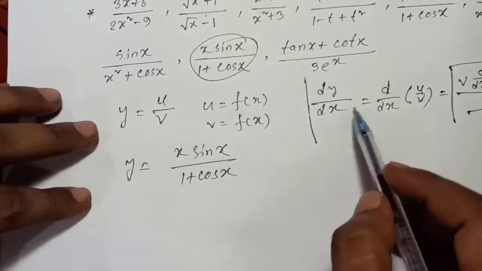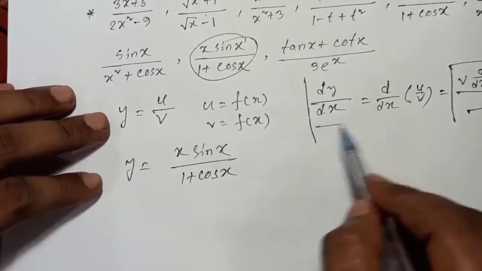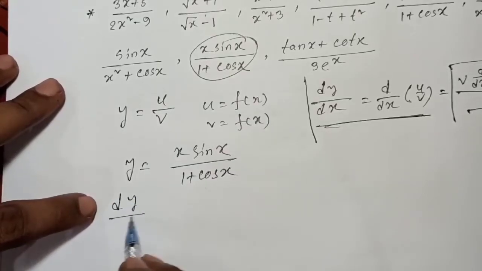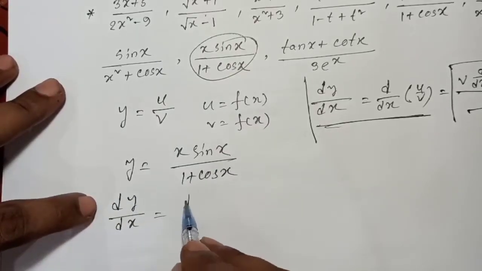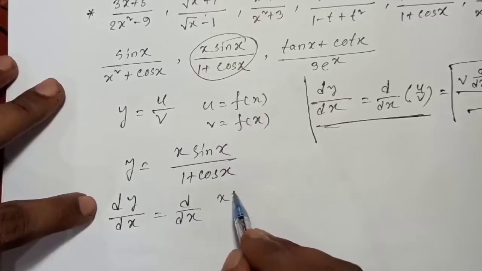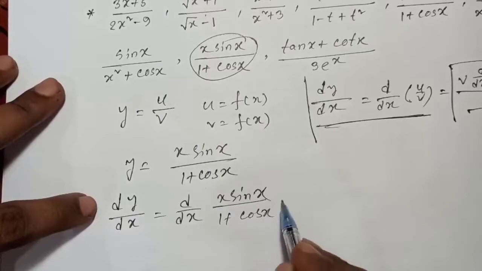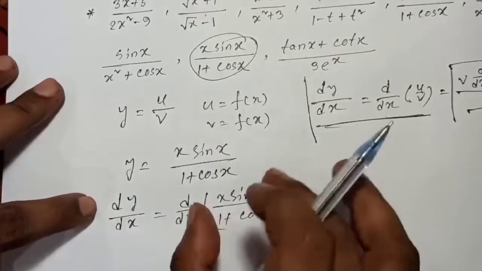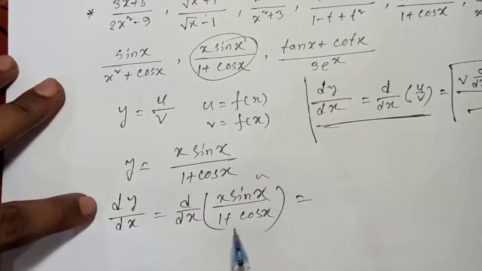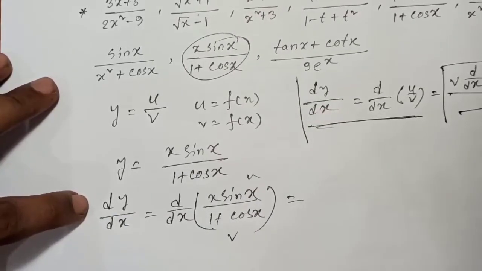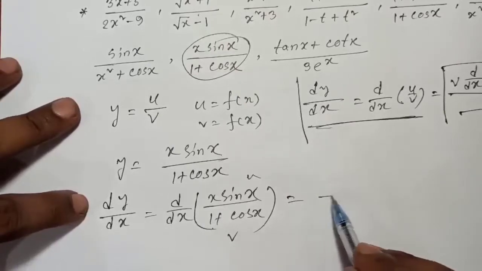So we can write d/dx of y equal to d/dx of x sin x divided by 1 plus cos x. So x sin x is u and 1 plus cos x is v. So we are going to write this formula right now.